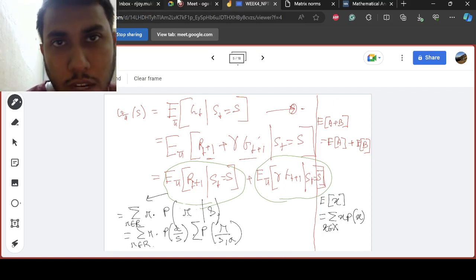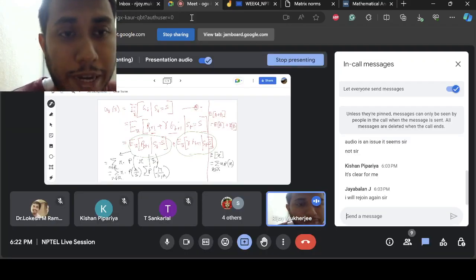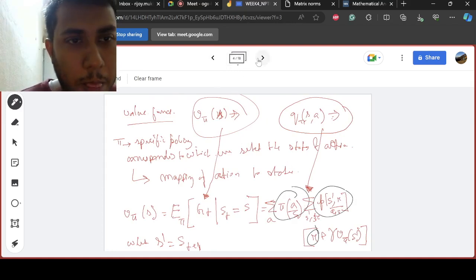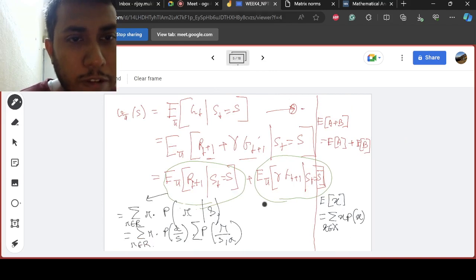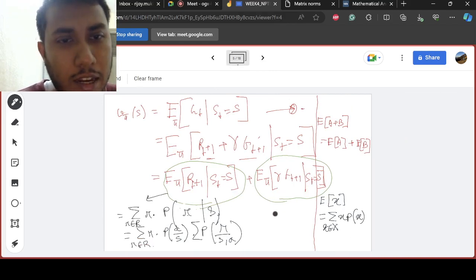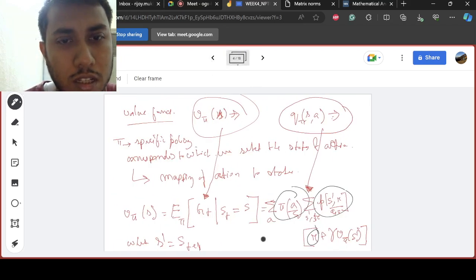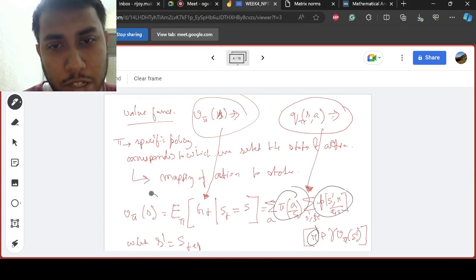This is how you expand this, and you will get this term, this term, and this term. Similarly, if you expand this, gamma times your v prime will come. So this is how you derive this v pi equation.